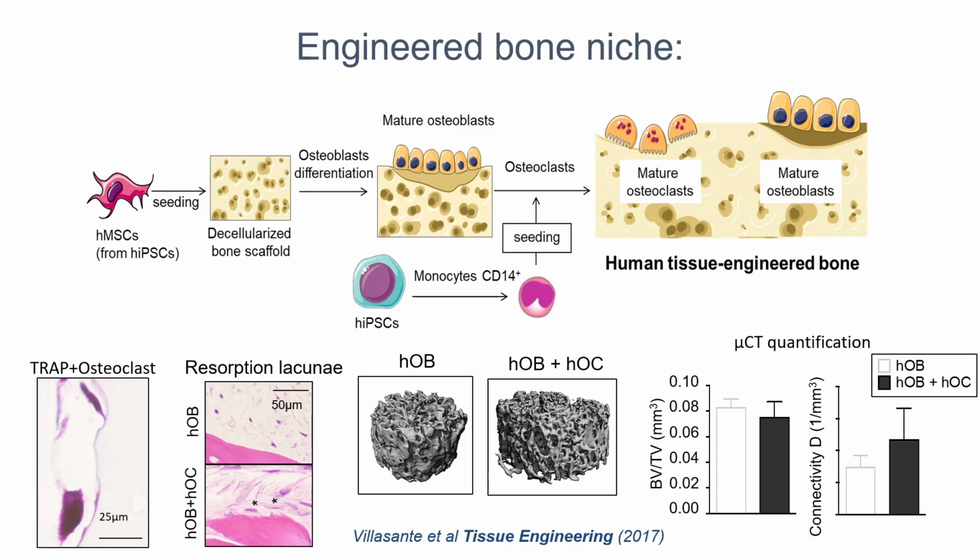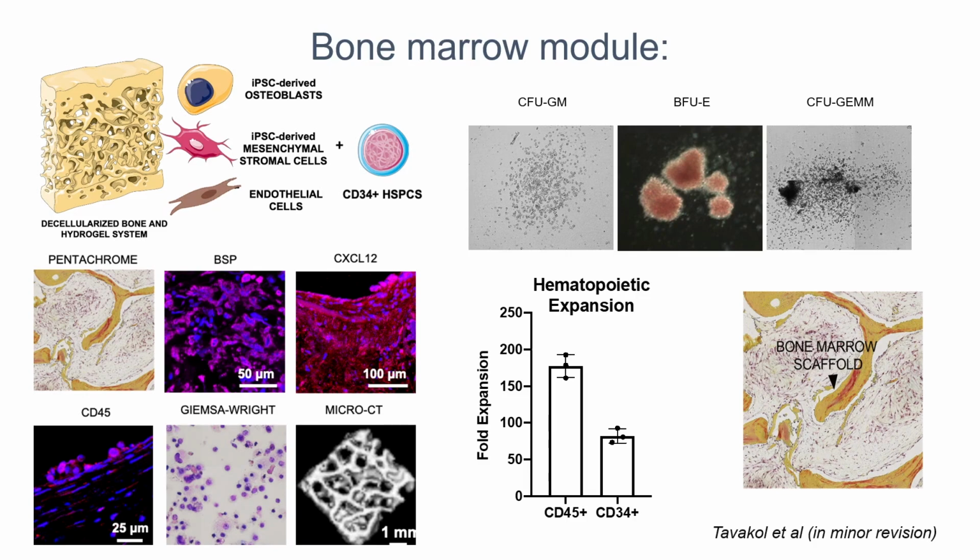So this is the bone that we make, and we have shown over the years that actually inclusion of both of these components is very, very helpful to get more realistic molecular makeup, ultrastructure, and mechanical properties of the engineered bone. So this is the old work.